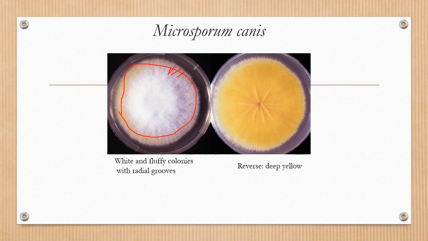The reverse is the bottom, and what you see here is a deep yellow color from the bottom of the plate. This is Microsporum canis, the name of this fungus, and it's very typical of a dermatophyte coming from animals.